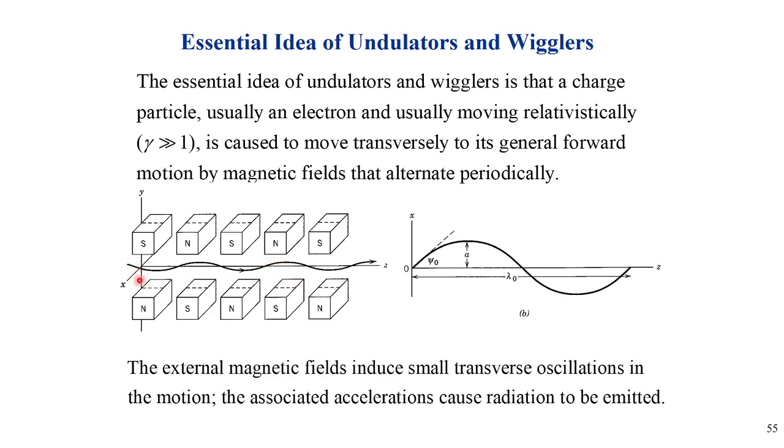Sorry, it's not up and down. That's the x direction, that's the y direction. And the south pole, north pole, that's the magnets. We have a lot of magnets, and these magnets will change the motion of the particle. So it does not move up and down, it moves left, right, left, right.